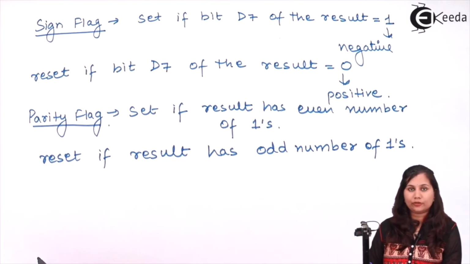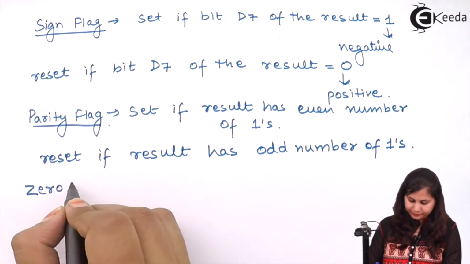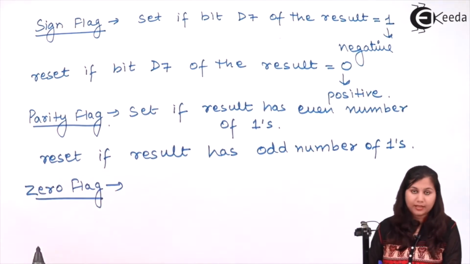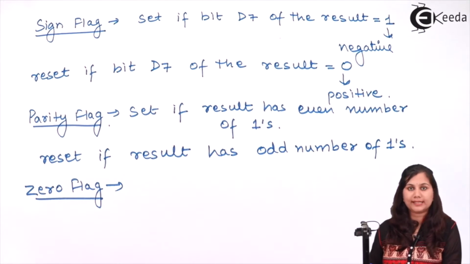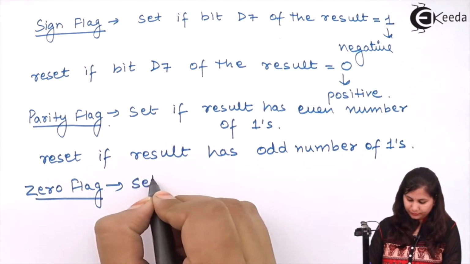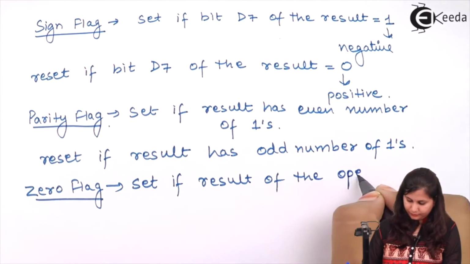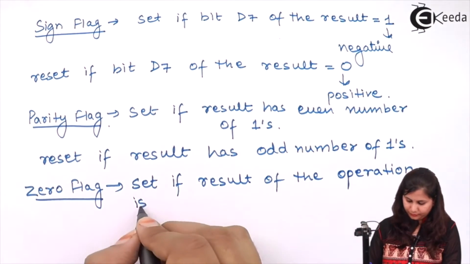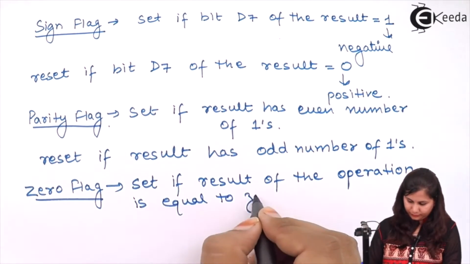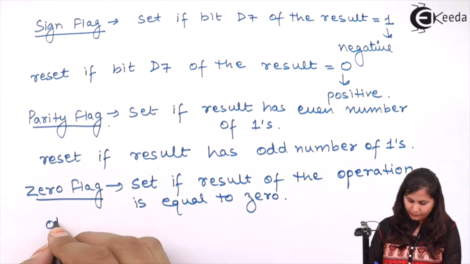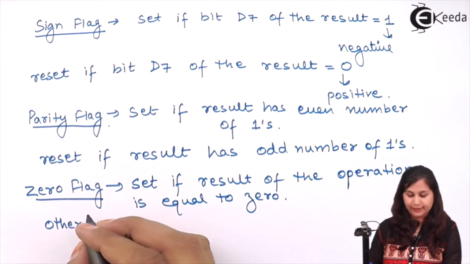Next we have the zero flag. The zero flag is set to 1 if the result of the operation comes out to be 0. Otherwise it is reset.